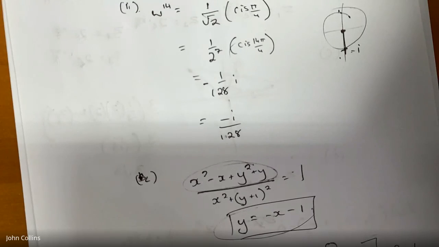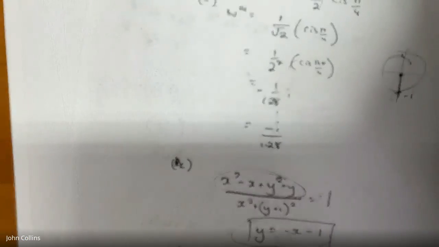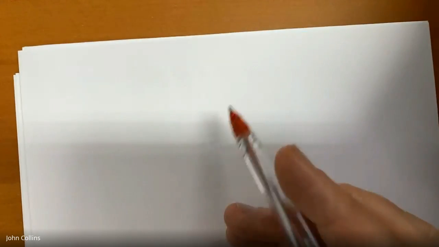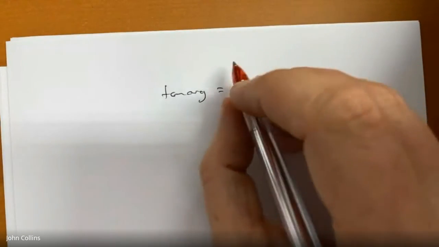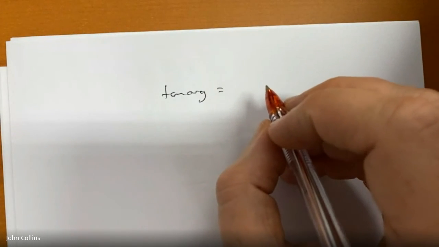You could go about it and say tan is the imaginary over the real. That's what I did, just to show it. The tan of the argument is the imaginary over the real, opposite over adjacent.